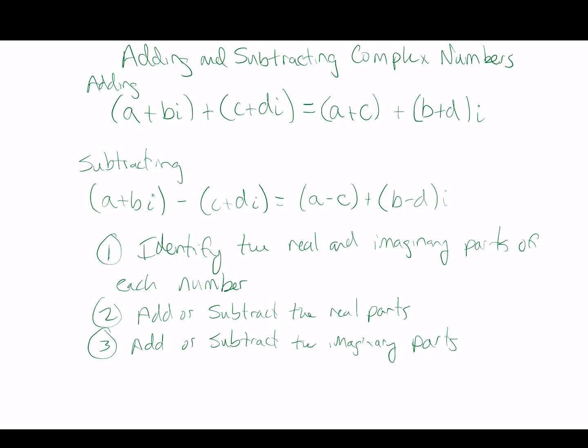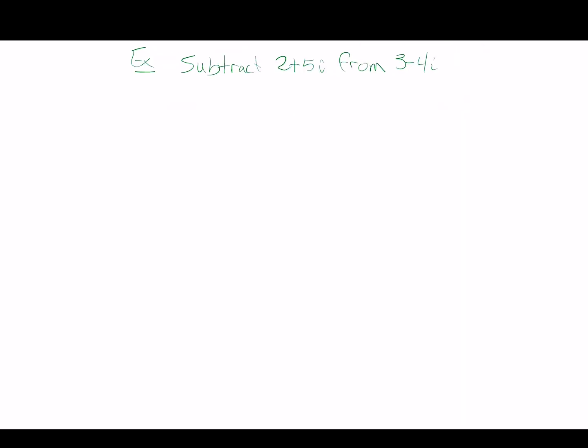Let's try an example. In this example, we're asked to subtract 2 plus 5i from 3 minus 4i. Which number do we start with? Well, we need to start with the 3 minus 4i and then subtract the 2 plus 5i. So we need to first identify the real and imaginary parts of each number.